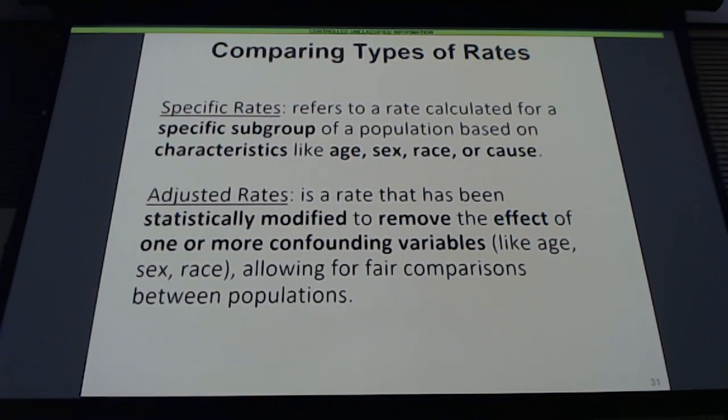Versus the adjusted rates where we just take them all and put them together. Okay? We take all the old folks, we take all the young folks, everybody in between, and we just crunch all the numbers. That completely takes out all the confounding variables that we use when we do specifics. Now, the nice thing about adjusted rates is it tells you actuality.